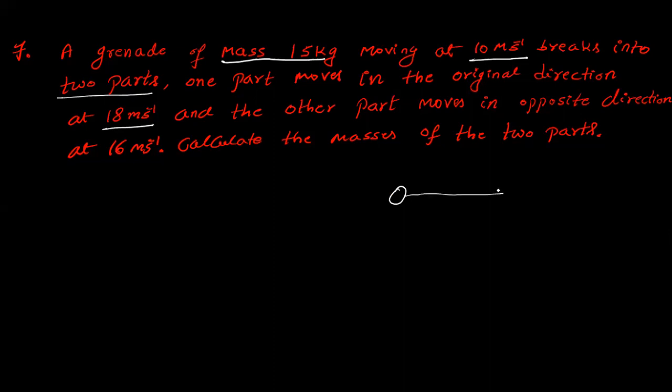Let it be mass A. It moves with 18 meter per second, and the other part moves in exactly the opposite direction like this. Let it be mass B, and it is moving at 16 meter per second. This is the same grenade only. After blasting, the pieces move like this.